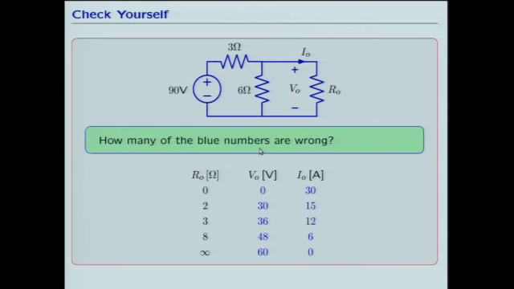But R0 can change. I've tabulated some values of R0 and putative corresponding values for V0 and I0. Are my putative answers right? So take a minute, talk to your neighbor, figure out how many of these 10 blue numbers are right or wrong.